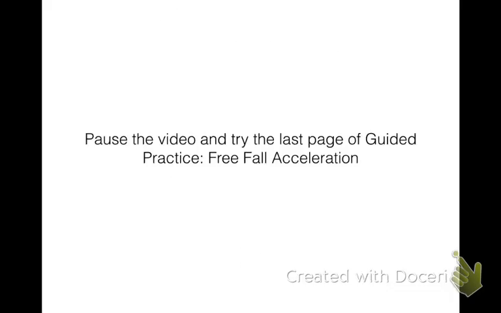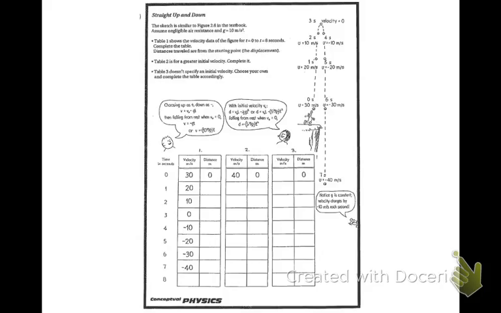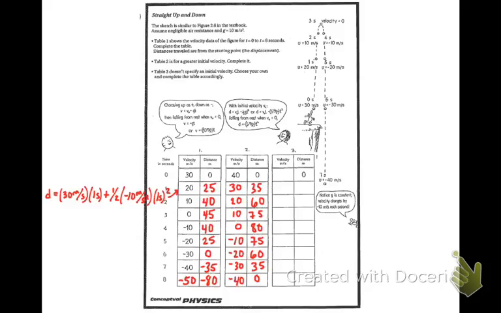Now I want you to pause the video and try the last page, and I'm going to simply give you the answers for that one. So here are the answers for the second half of this particular worksheet. You just wanted to take each individual section at a time and follow the instructions that are given to you up here.